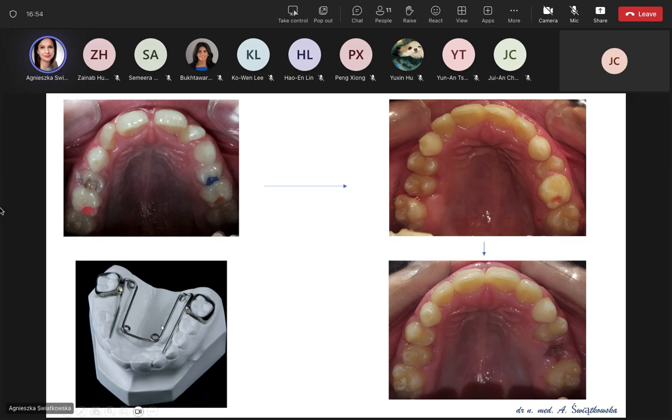We use quad helix. Why quad helix? Quad helix because the appliance has 4 helices and bands on first molars, and here is the wire. After expansion, after exfoliation of the deciduous molars, and eruption of premolars.